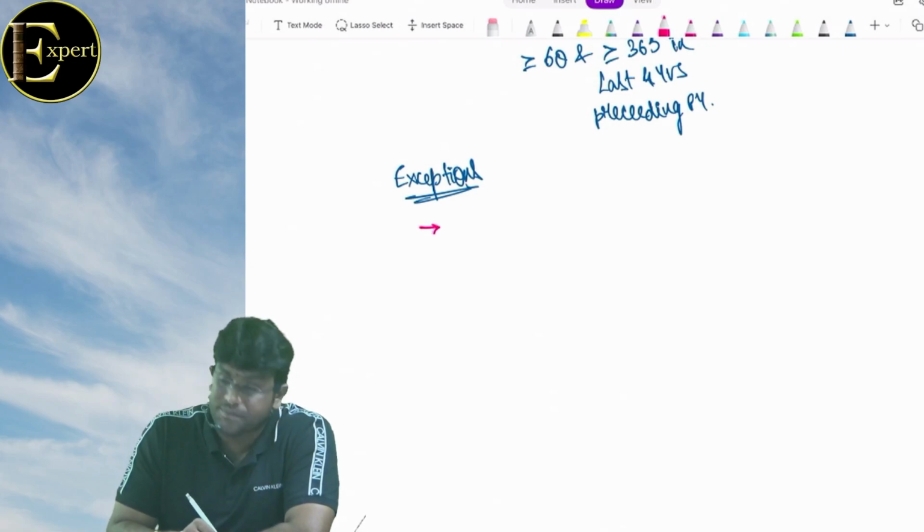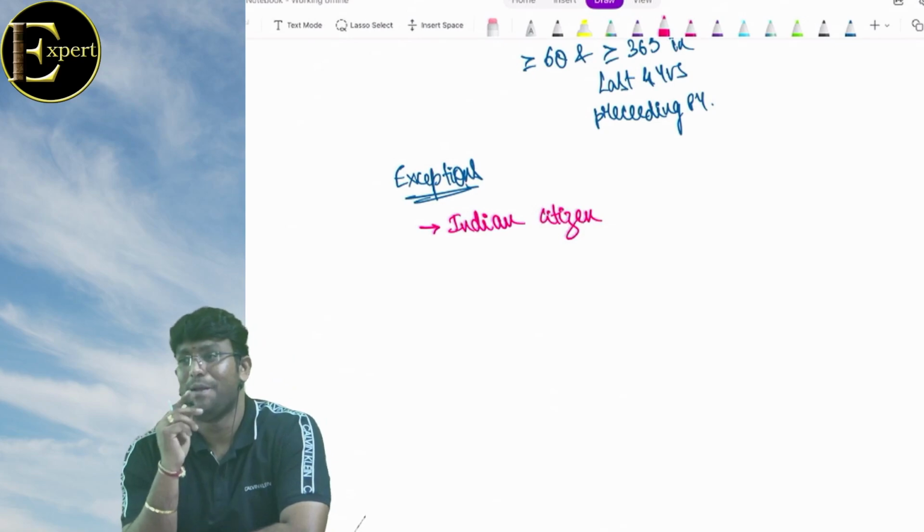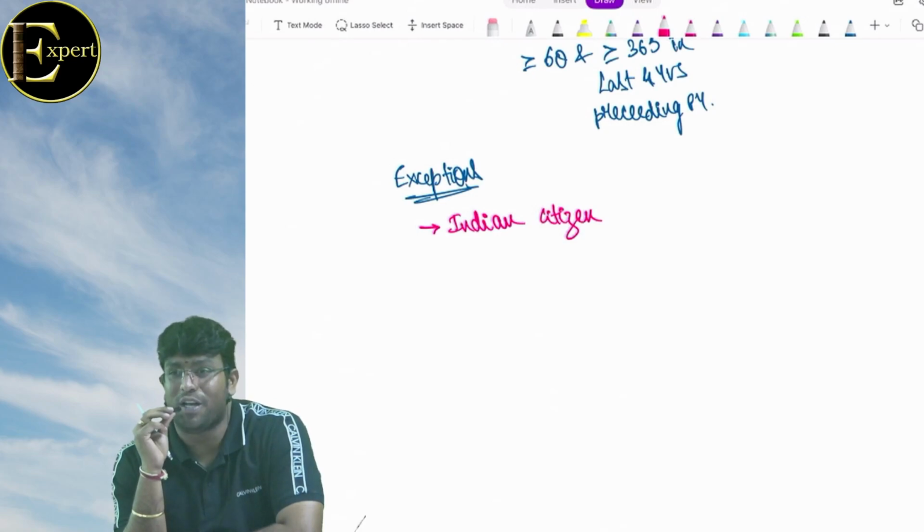Exception number 1: Indian citizen. Sir, who is an Indian citizen? Parents or grandparents. Oh my God, that is a person of Indian origin. An Indian citizen is somebody who is born in India and holding a valid identity proof in India.